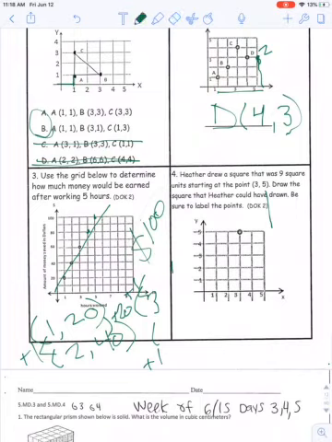All right, last one. Heather drew a square that was 9 square units starting at the point 3, 5. Draw the square that Heather could have drawn. Be sure to label the points. All right. I automatically am going to think about how we can get to 9 square units. I know that area equals base times height.